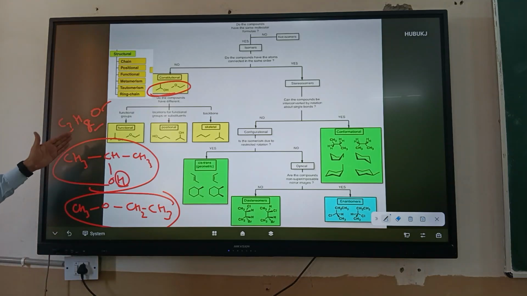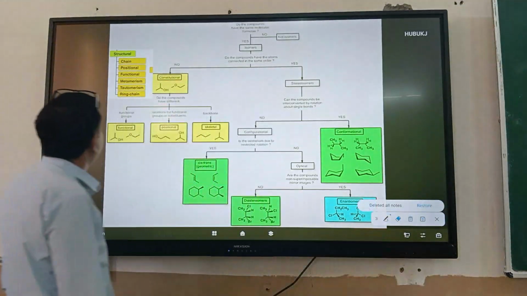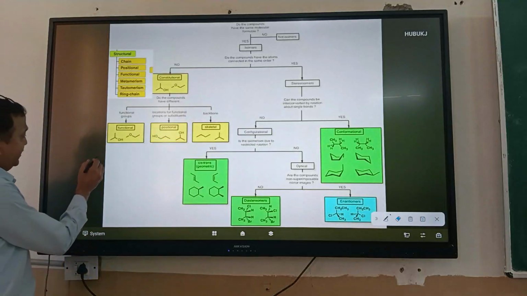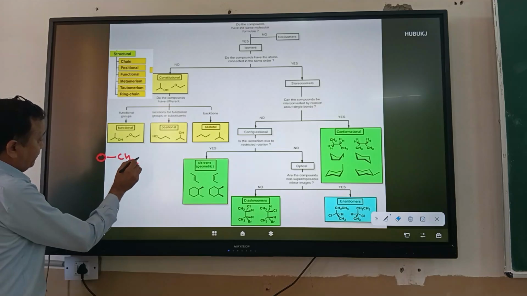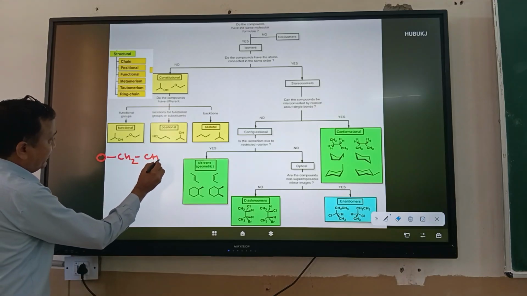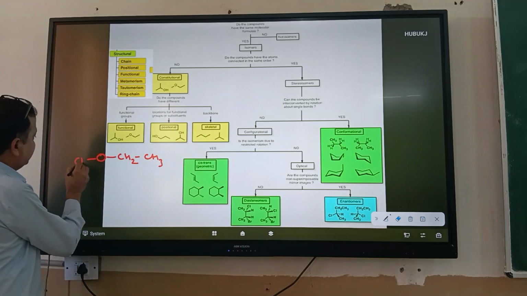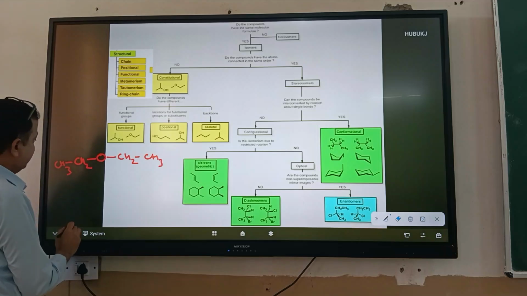Isomers that vary from each other in terms of functional group are known as functional isomers. The next type of isomers are known as metamers. Metamers vary from each other in terms of the number of carbons on either side of the functional group.